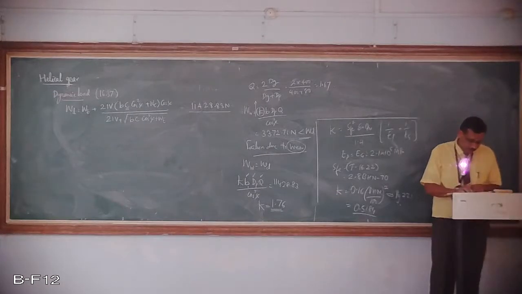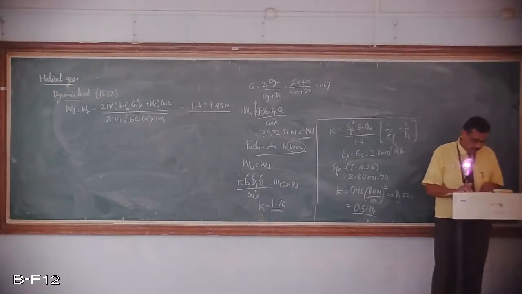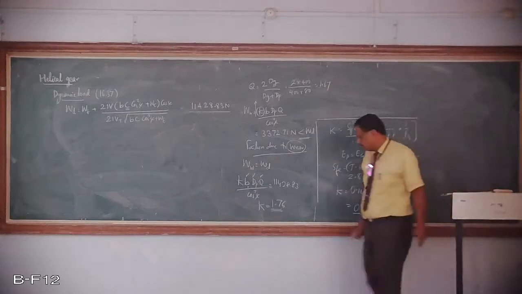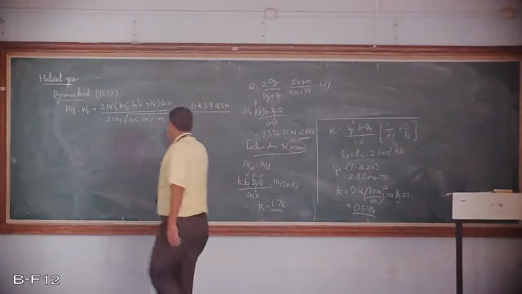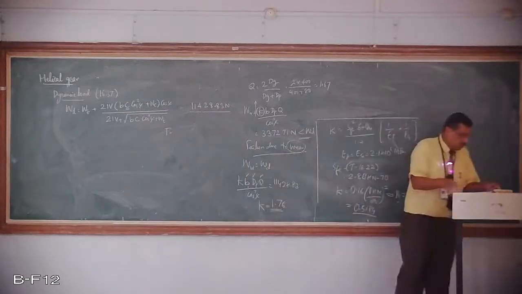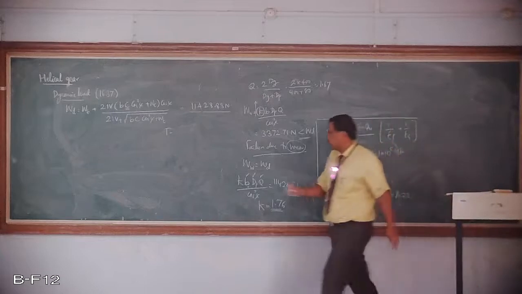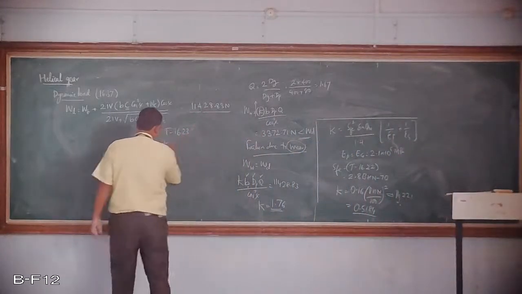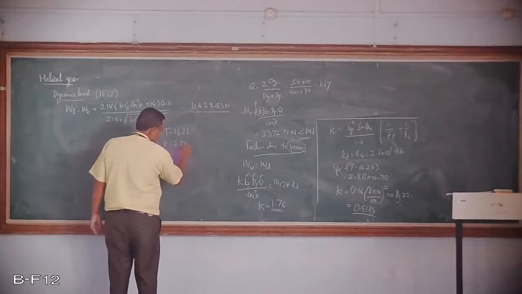Now with 1.78, for the gear it has to be 300 and for the pinion it has to be 400. Therefore, using the table, we can fix it. The table number is 16.23. K we are taking as 1.78.